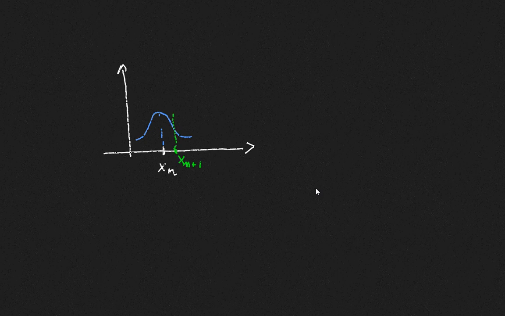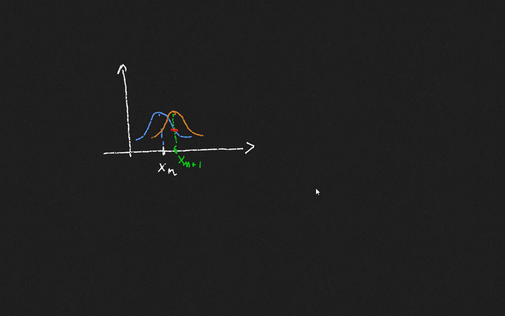Now you will have a new Gaussian displacement here. Now, the probability of transitioning from xn to xn plus 1 is related to where the Gaussian around xn hits on xn plus 1.